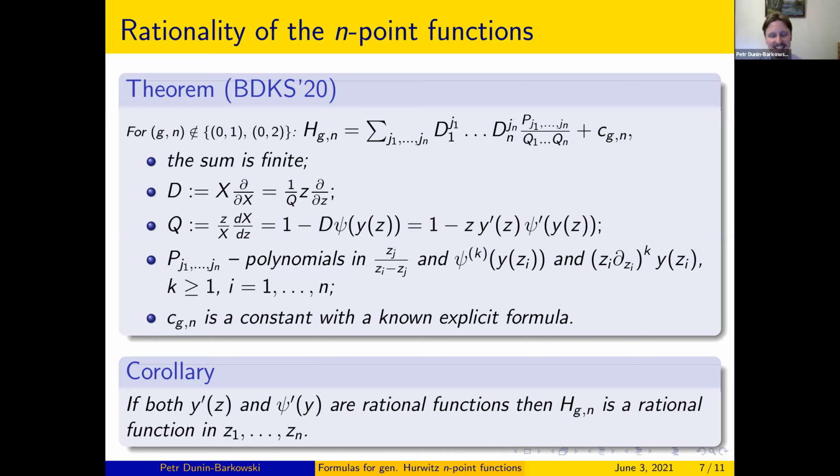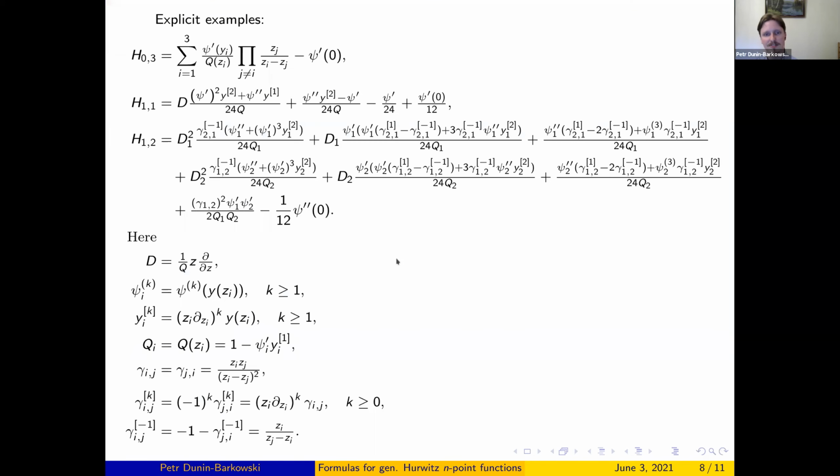In the cases where we already have topological recursion, we know this, right? For the cases where we know that there is topological recursion for some of those numbers, topological recursion implies that these n-point functions are rational functions on the spectral curve in most cases. So let me show you some examples of how those general formulas look.